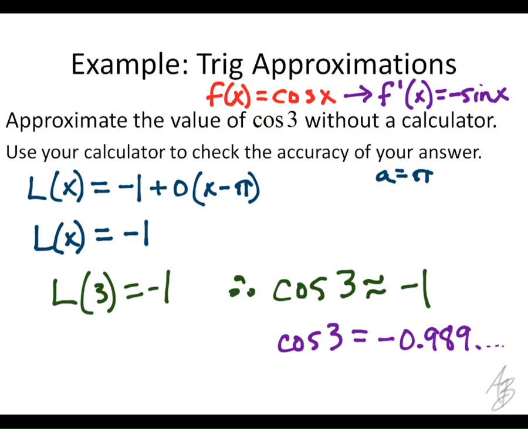We would use the same approximation here, and since the tangent line doesn't have any slope, all of our approximations around pi are just going to be -1. Again, as Devin suggested, we could use a second derivative to figure out about how close of an answer that's going to be, and we'll get to that later.